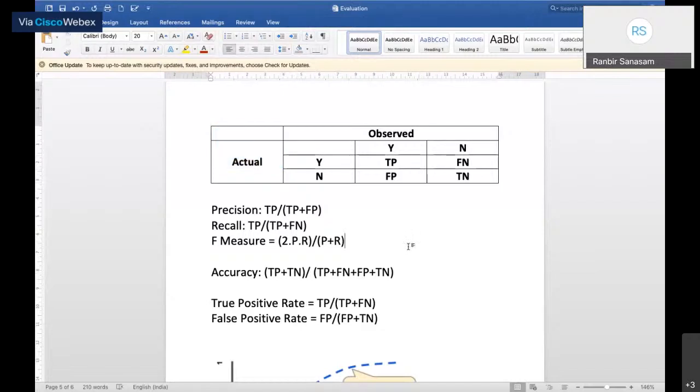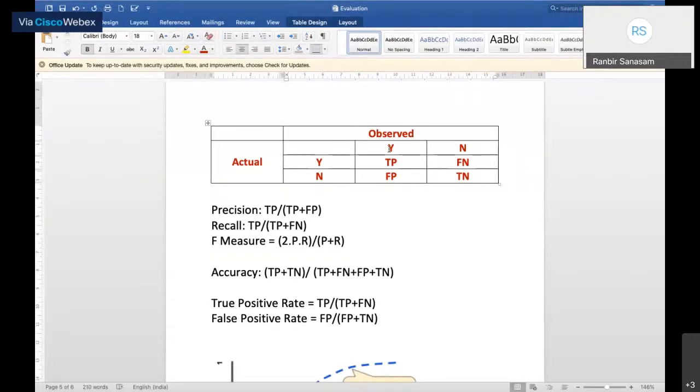So what is precision? To define this evaluation, you need to understand this confusion matrix that I have just given here, this table. In the confusion matrix, I have two things: one is called actual, and another is called observed.